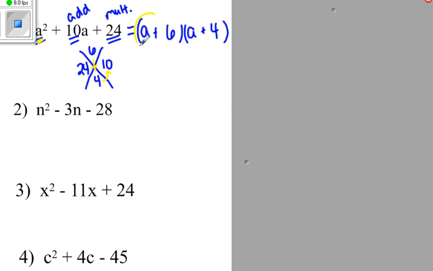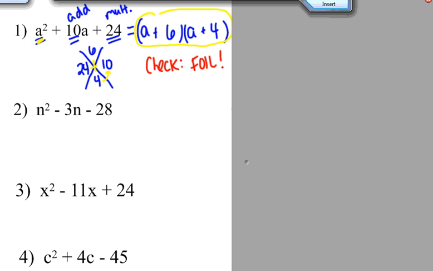My final answer is a plus 6 times a plus 4. And if you want to check your work, you can check by FOILing your answer. When you FOIL your answer, you should arrive at the same problem that we began with. Let's check out the next problem.